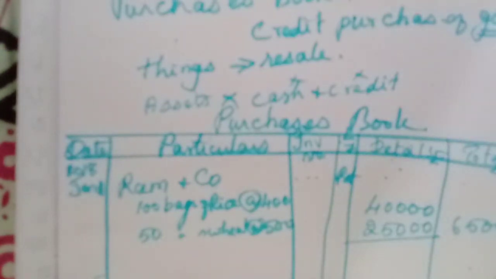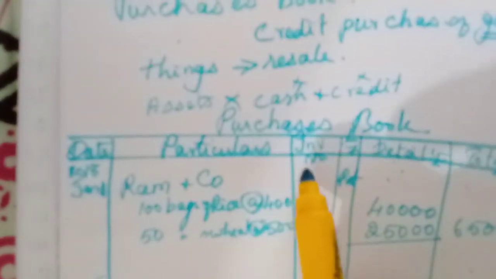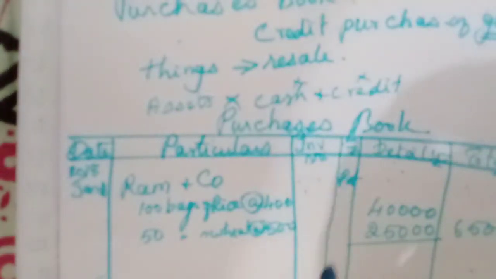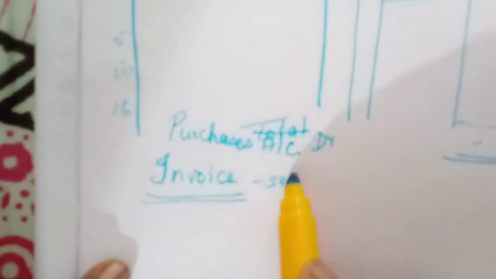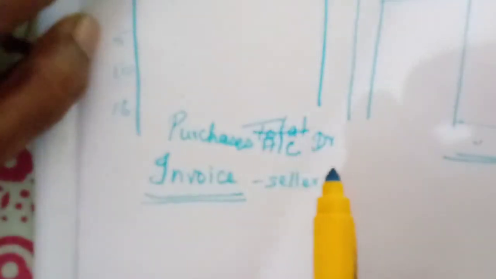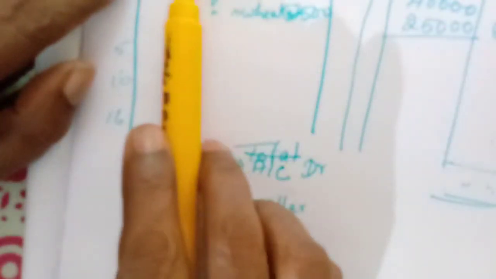Now here in the purchases book you should understand what an invoice is, because we are entering this purchases book with the support of an invoice. Invoice is prepared by the seller. The seller means our supplier, Ram and Co. Ram and Co prepares this invoice and gives it to us. With this we can write how many bags of rice, what is the price.